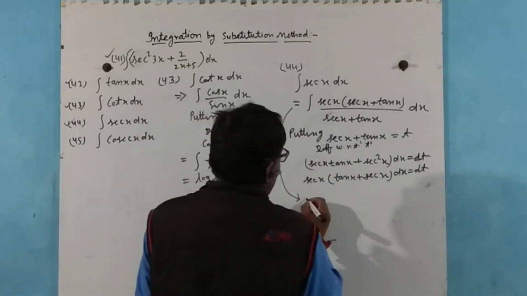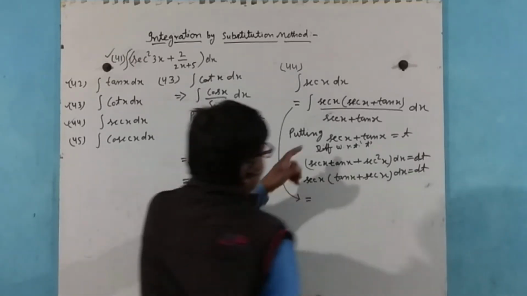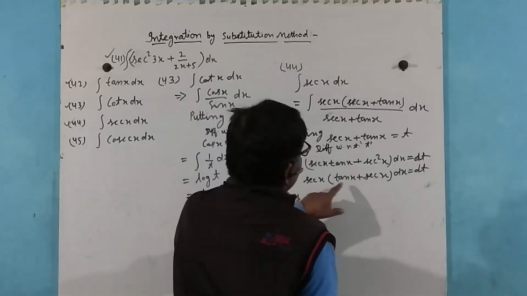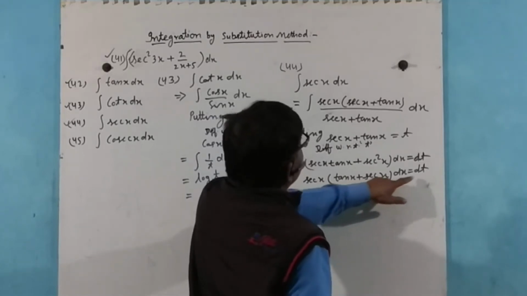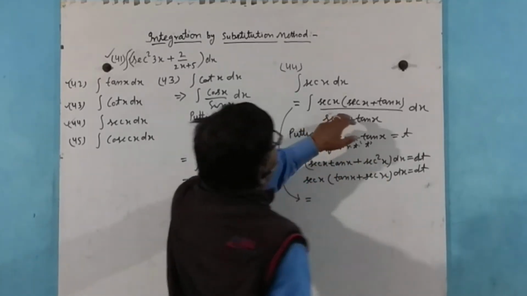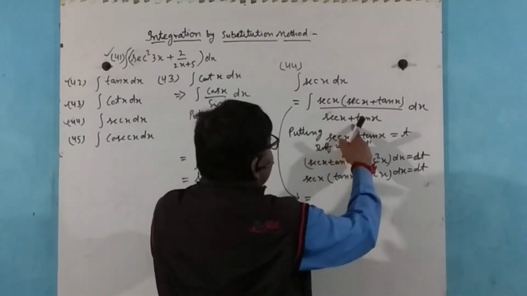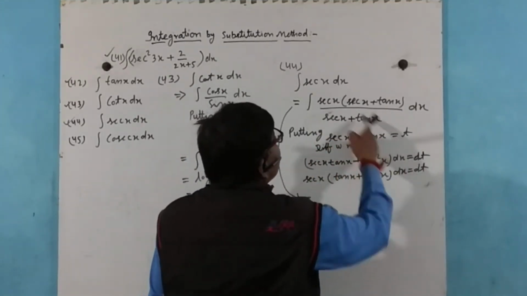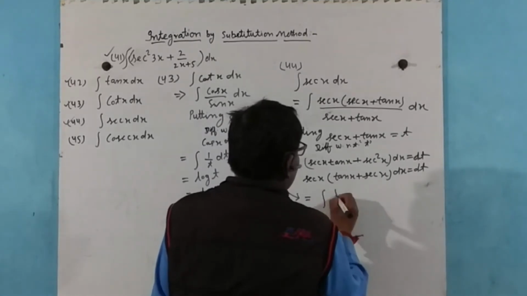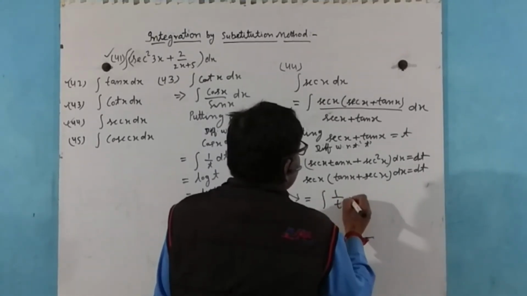Now putting this equation, sec x tan x plus sec x dx equal to dt, sec x times sec x plus tan x dx equal to dt, and this is equal to t, so that integration of 1 by t dt.